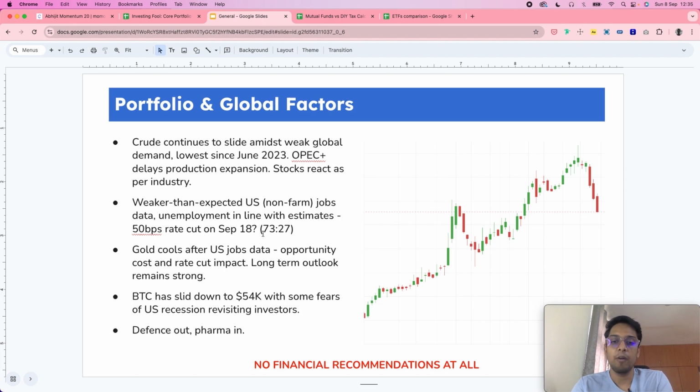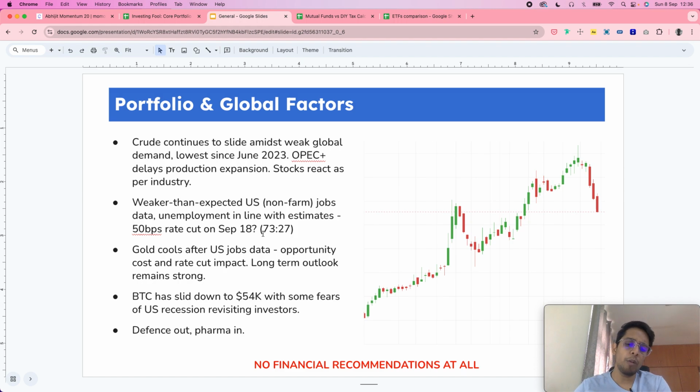Personally, I have allocated more than 15% of my personal portfolio to gold, and I'll probably increase that to 20%. While the long-term outlook for gold remains strong, in the short term, because of this US jobs data and the worry about how big the rate cut could be, gold prices have cooled a bit.